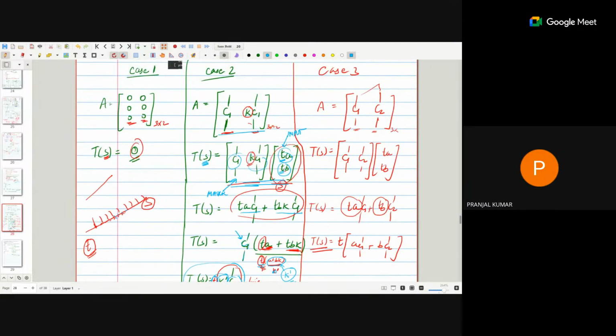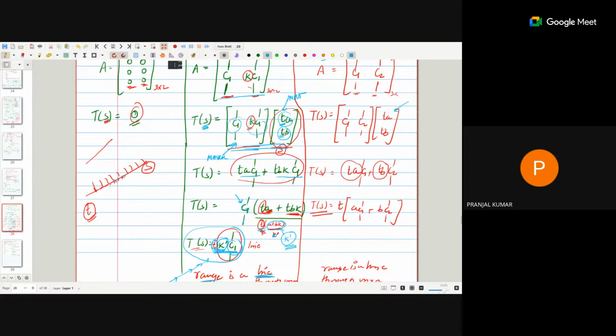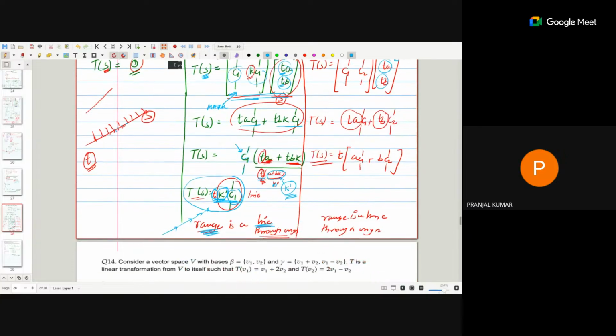Now for the third case also we have to check. Suppose these two columns were independent actually. Now I have written the general input vector. Again, I have multiplied it: ta times C1 plus tb times C2. So I've got this. Now I have taken t common out: t times (aC1 plus bC2).